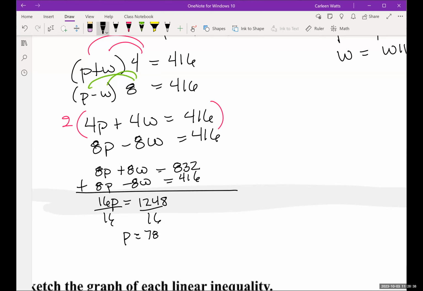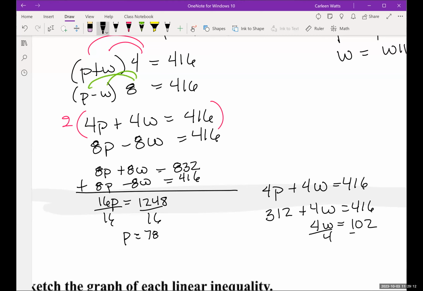Okay, let's plug it in. 4P plus 4W equals 416. 4 times P is 312. Minus 312. 4W equals 104.